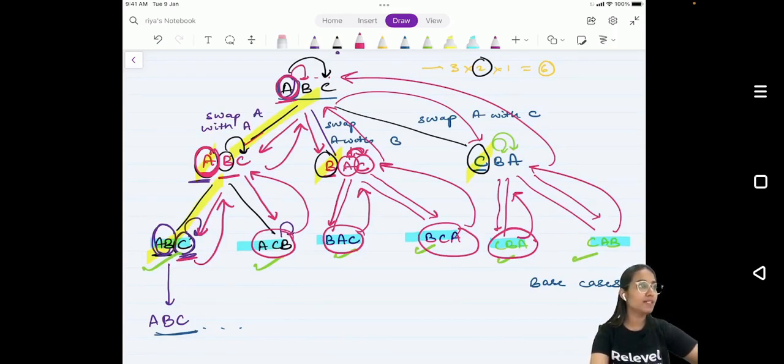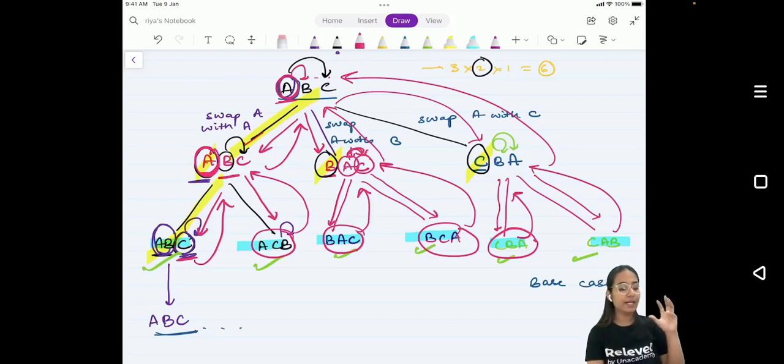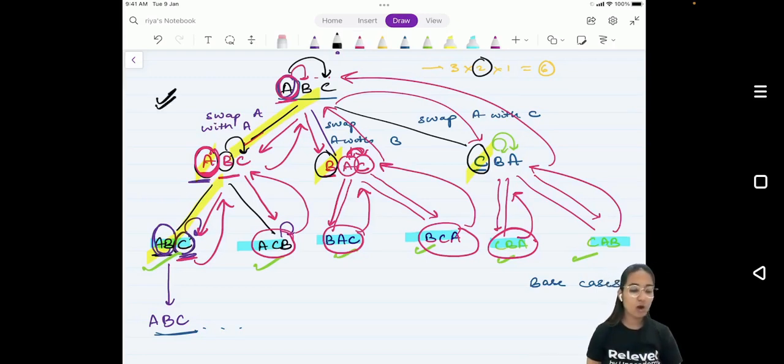I hope this tree gives you a good idea of what we are trying to do here. I remember telling you and I'll repeat it again: the entire essence of permutations is swapping. How do you do the right swap? By keeping some characters fixed and some positions variable, and then finding out how you can solve this. This will help you understand how the operations are working.